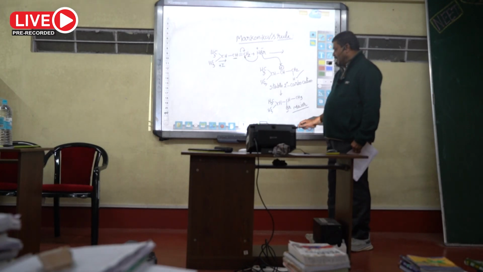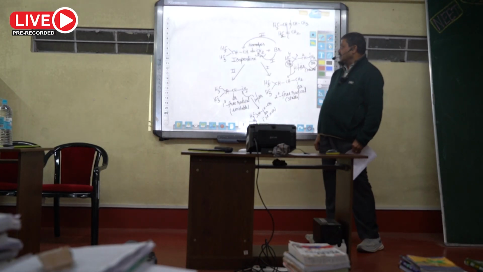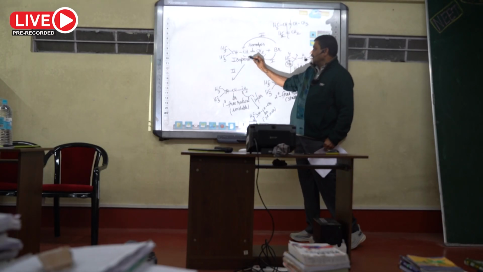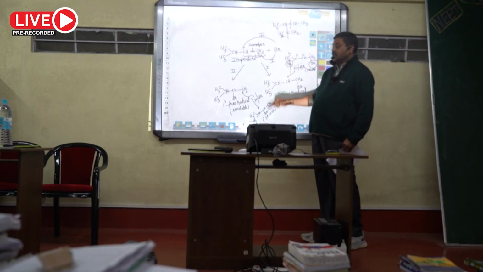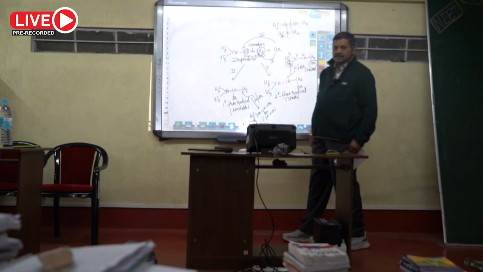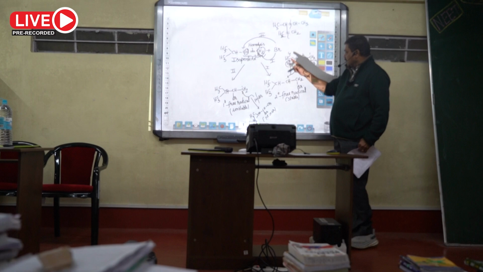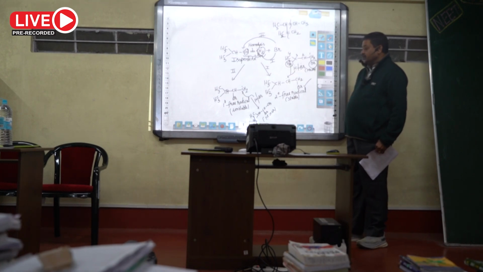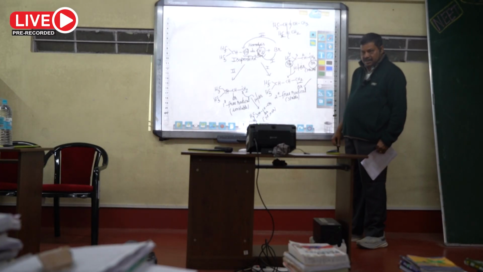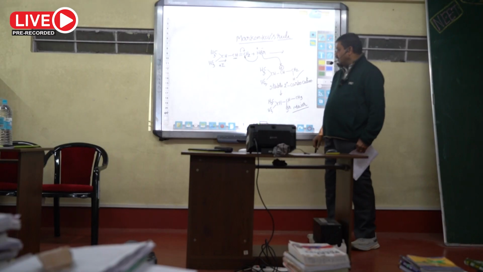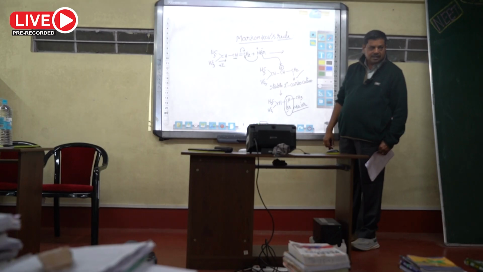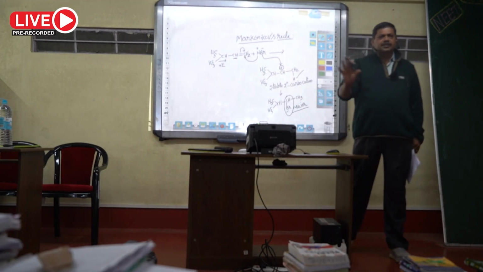So again I repeat, in anti-Markovnikov's, of the two doubly bonded carbons, this one has two hydrogens and this one has one H. If you look at the final product, Br is added to the doubly bonded carbon having more number of hydrogens. Here, Br is added to the doubly bonded carbon having less number of hydrogens. That is a simple observation.